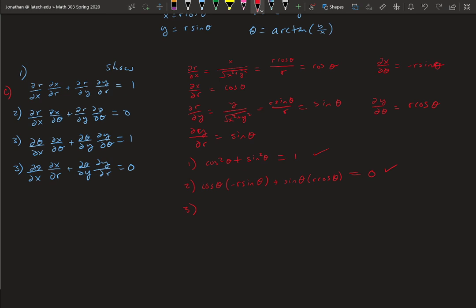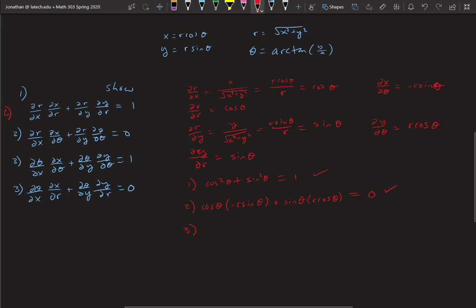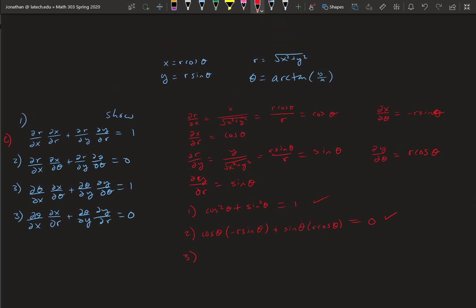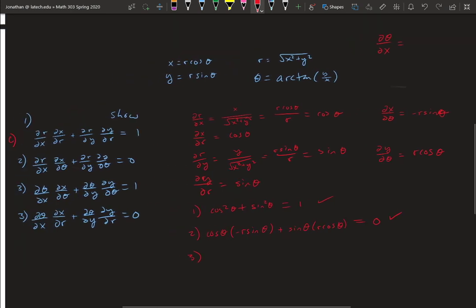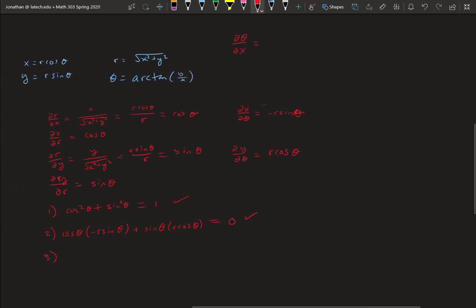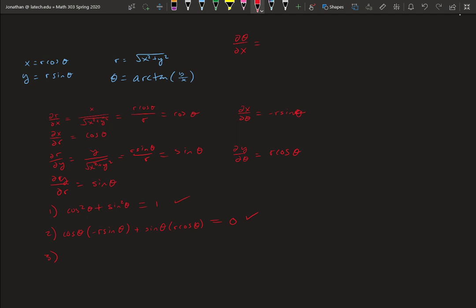Number 3, partial theta, partial x. Let's see, we haven't done that. So partial theta, partial x. Oh, that's nasty. Arctan is 1 over 1 plus y over x squared.